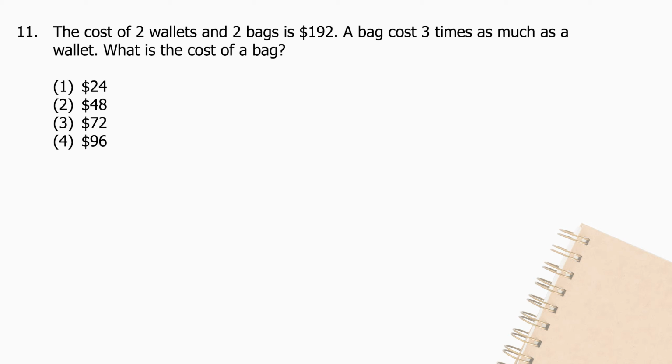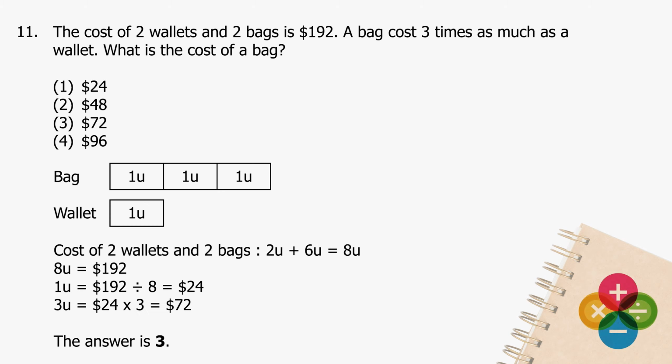Question 11. The cost of 2 wallets and 2 bags is $192. A bag costs 3 times as much as a wallet. What is the cost of a bag? Two wallets is equal to multiply 1 unit by 2, and the product is 2 units. 2 bags is equal to multiply 3 units by 2, and the product is 6 units.